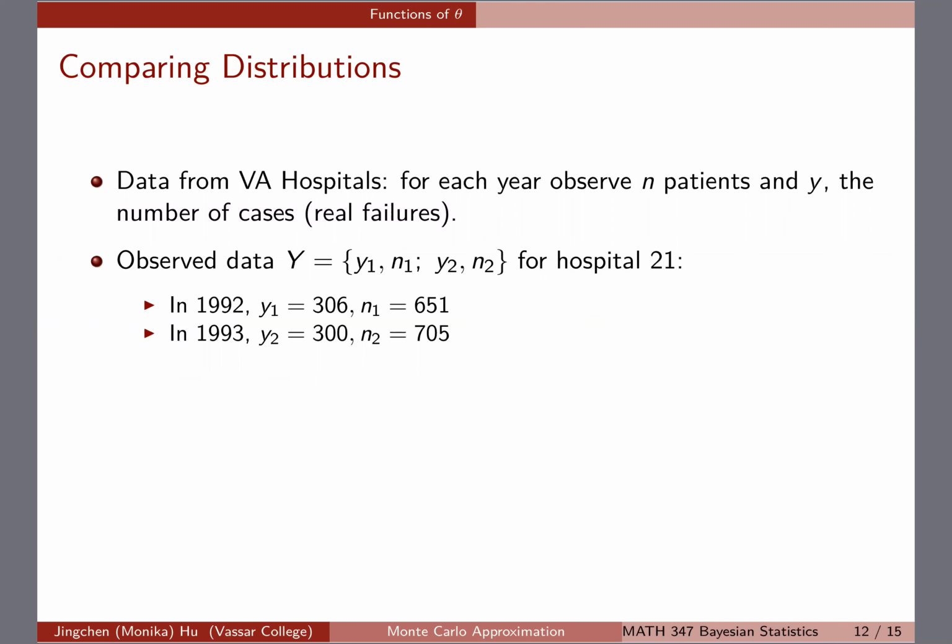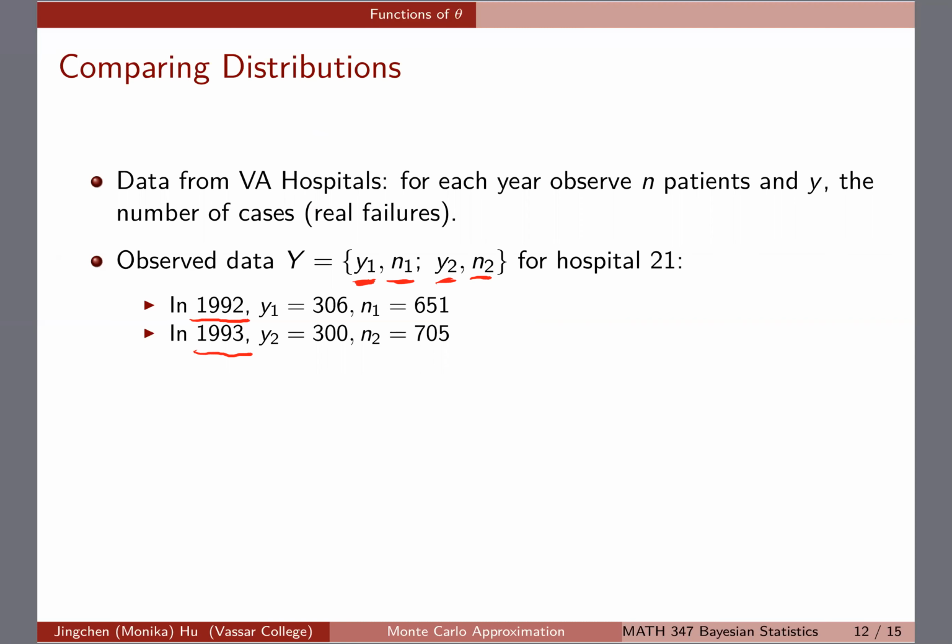So the observed data will be Y1, N1 for one year, in this case 1992, and Y2, N2 for another year, 1993. Suppose we observe this and we want to see if the proportion of cases has improved.